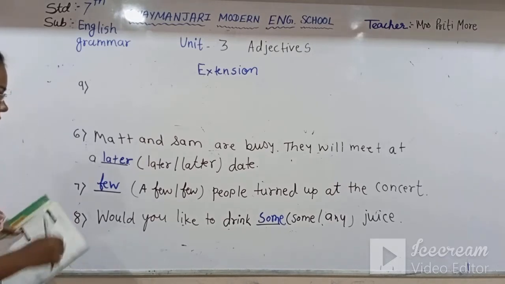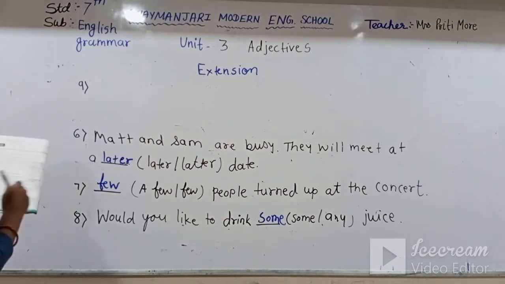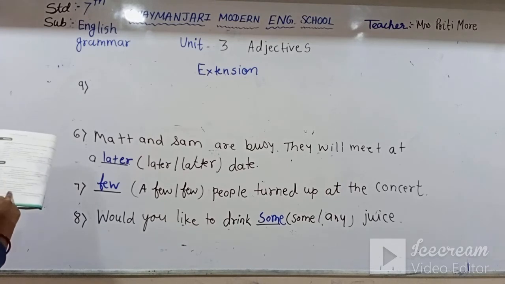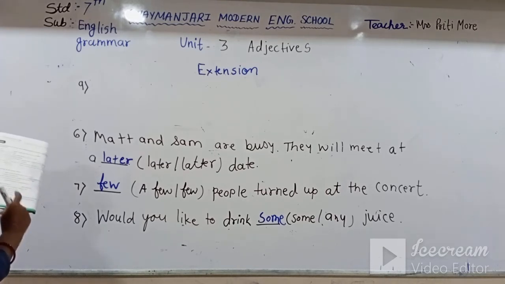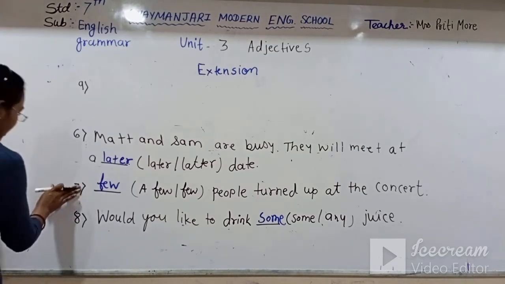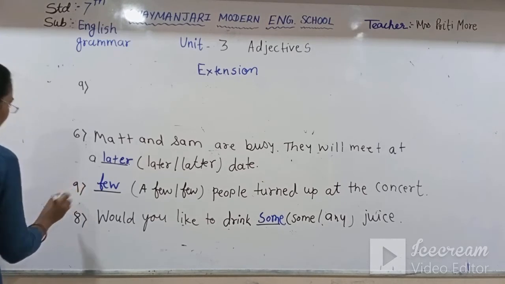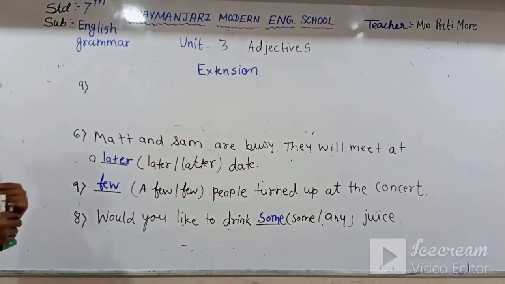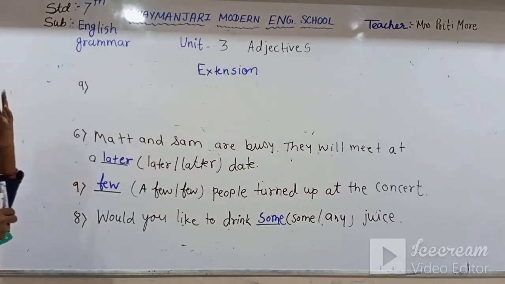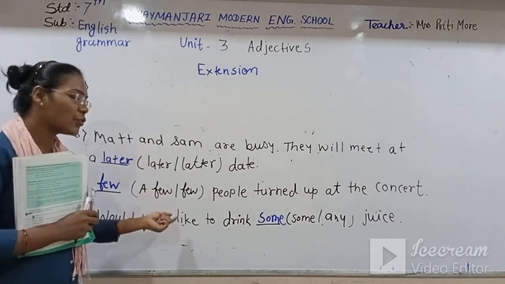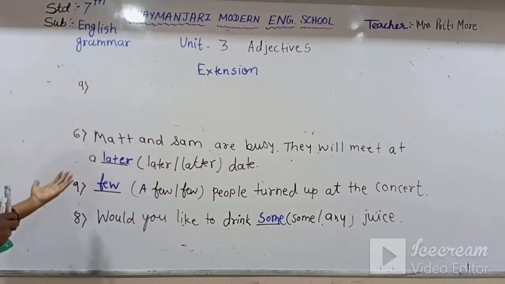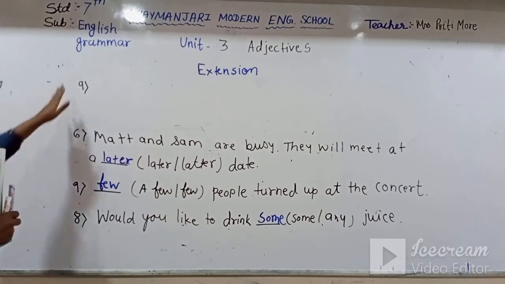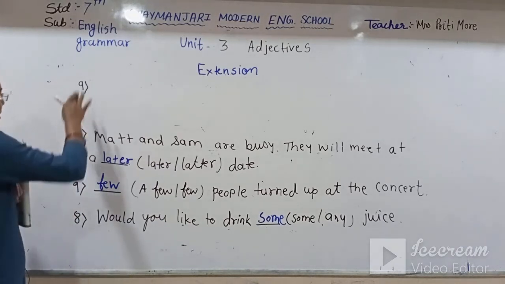Would you like to drink some? Few people. 9th one already I have taken. 7th one is missing. By mistake we have taken directly the 9th one because the option there is the same, a few, and I directly wrote down the 9th sentence. So first we'll write here the 7th sentence.